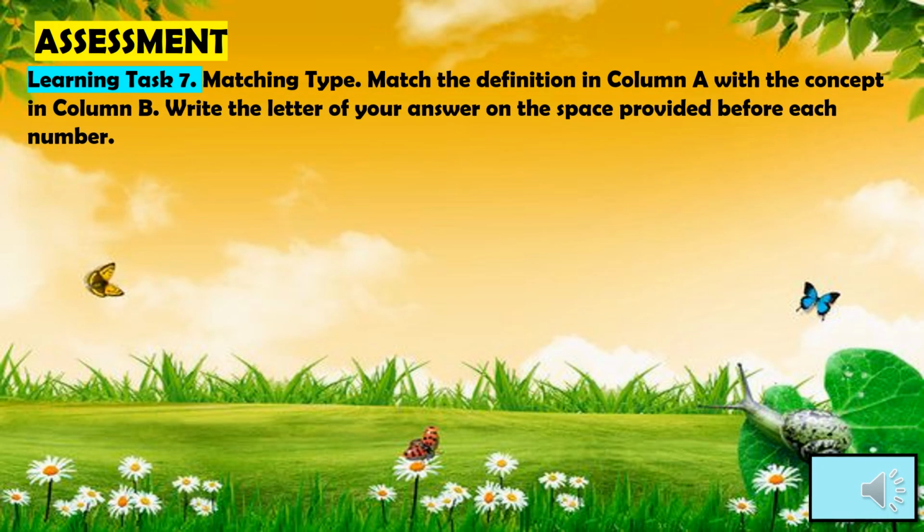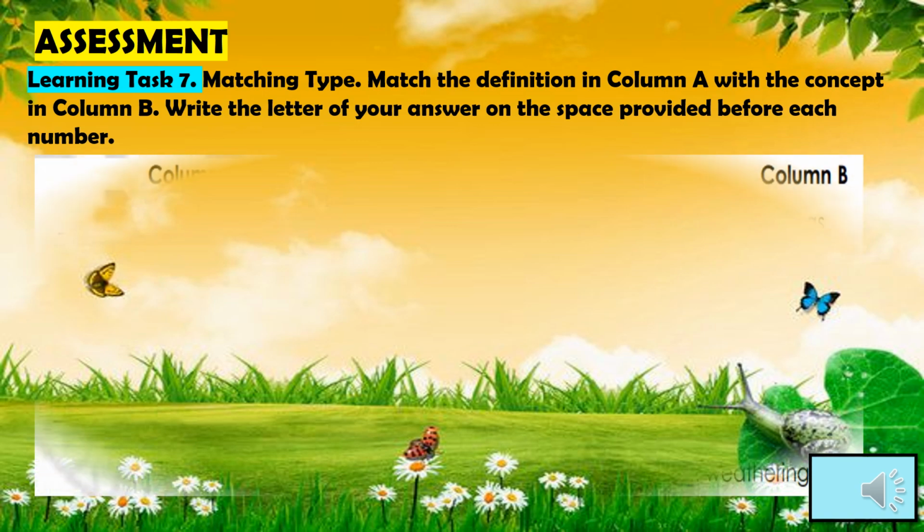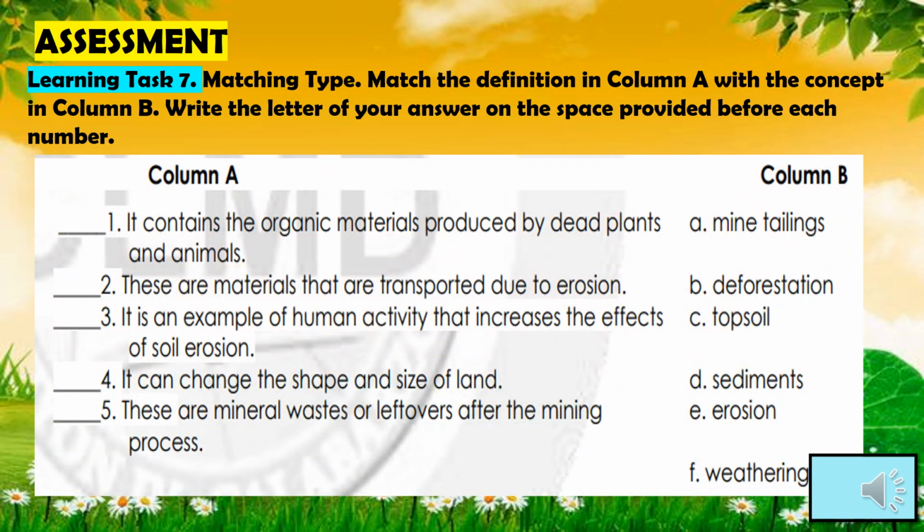For learning task 7 for the assessment part, matching type. Match the definition in column A with the concept in column B. Write the letter of your answer on the space provided before each number. So we have for column A, number 1, it contains the organic materials produced by dead plants and animals.